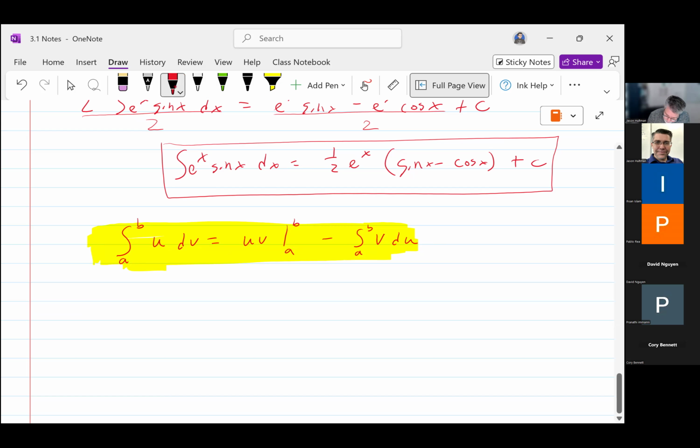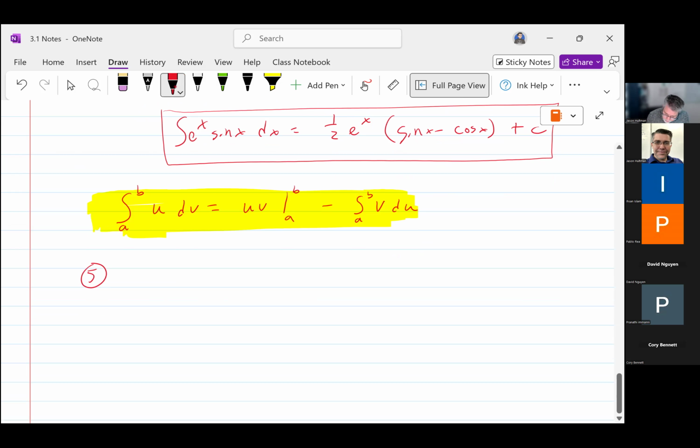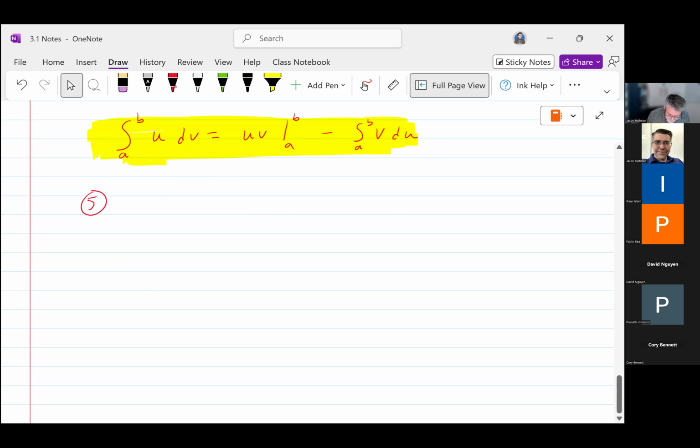Okay, so let's do one with limits of integration. We want the integral from 0 to 1 of inverse tangent of x dx.